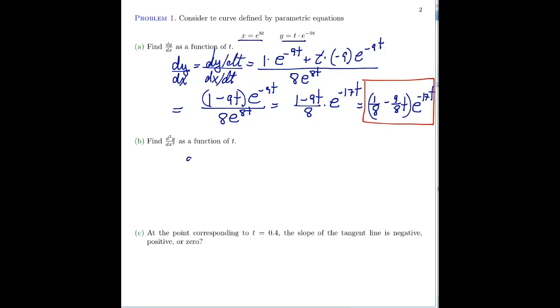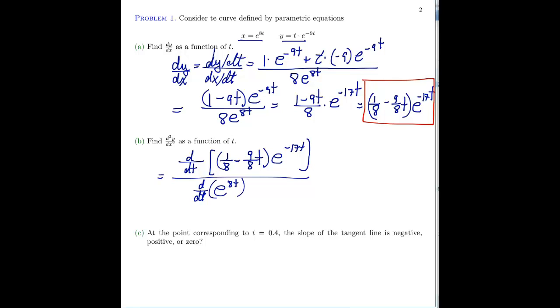So I'm going to have the derivative of this, and that gets divided by dx/dt, so that's e to the 8t. Okay, so that's the computation that I need for the second derivative with respect to x.